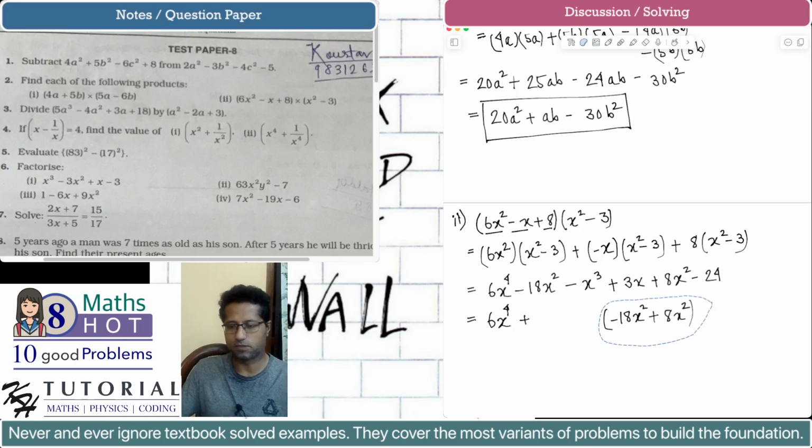So first write the term with the highest degree. What is degree? The degree of a term is the sum of the powers of all its variables. So the highest degree term is x to the power 4, and then will come x cube. So we will have minus x cube, and then we will have all the x square terms.